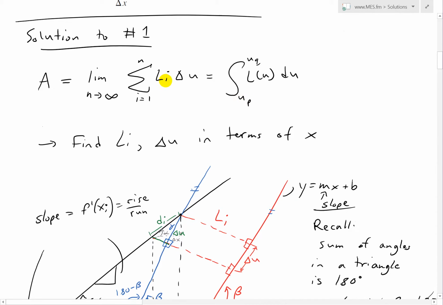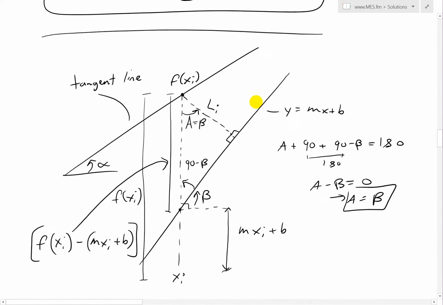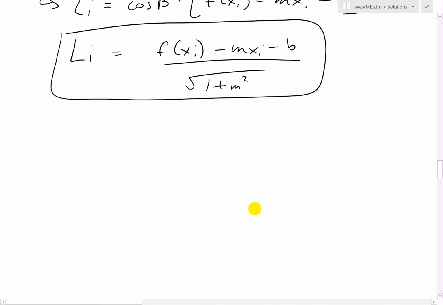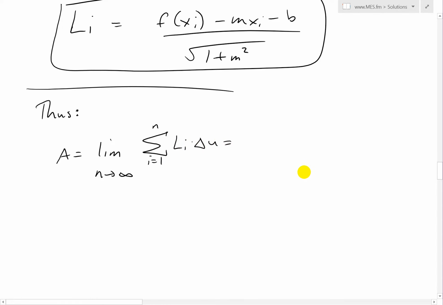So we just plug in the Li and delta u. Thus, area is equal to the limit as n approaches infinity of the sum from i equals 1 to n of Li times delta u.